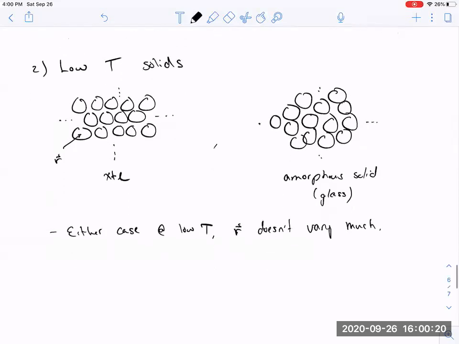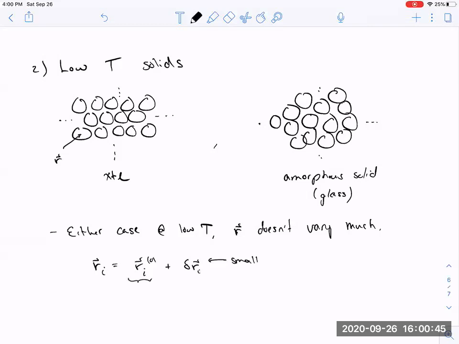And so if R doesn't vary much, I can imagine defining some typical value of that position, call it R0, and then asking for small fluctuations about that R0, which we can assume are small.